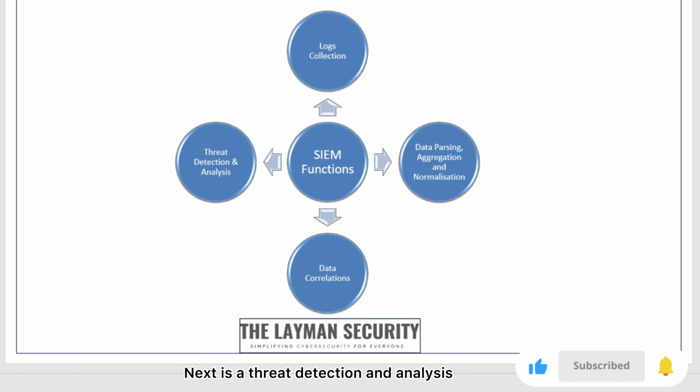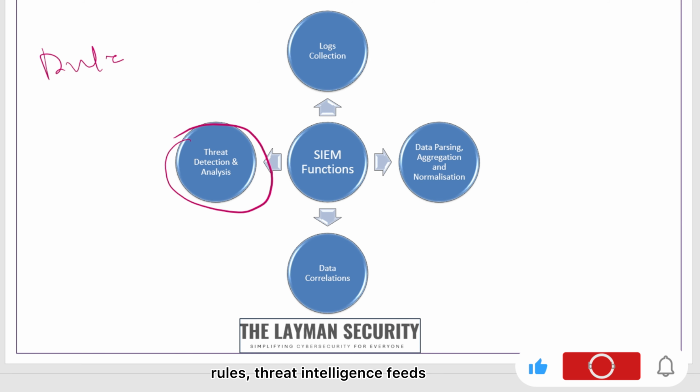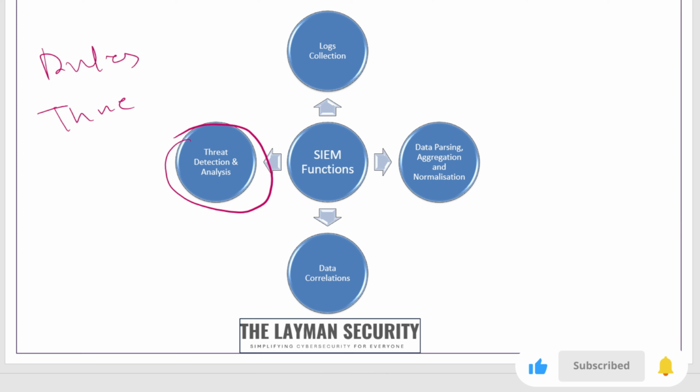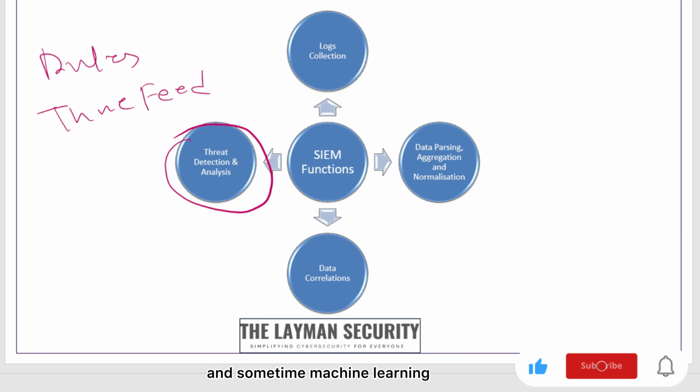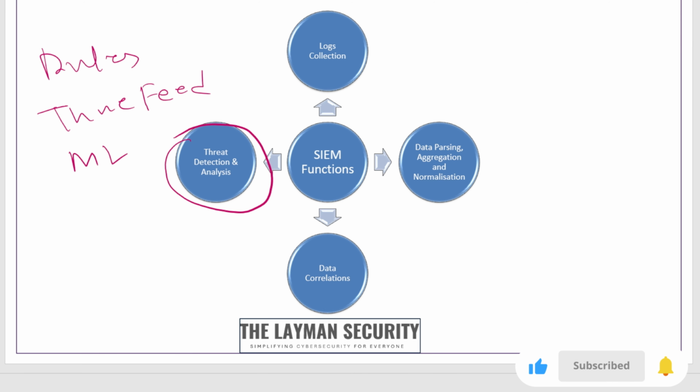Next is threat detection and analysis, one of the main jobs of the SIEM. SIEM rules, threat intelligence feeds, and sometimes machine learning detect threats in the network.